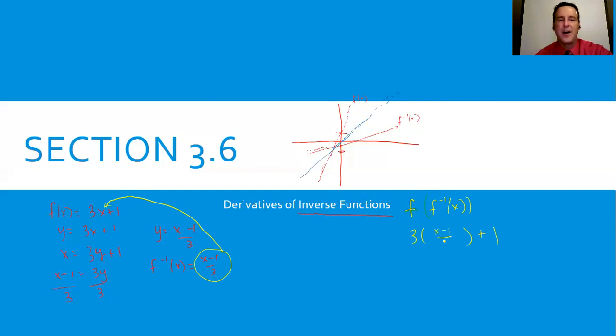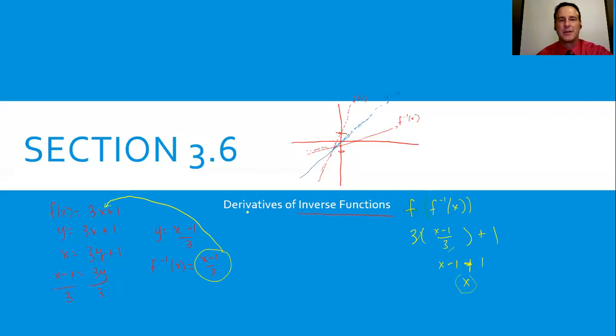When you work this out, you should finish with just a plain x. You can tell you did your work right if you, again, use a composite function, plug one into the other, and you finish with an x.